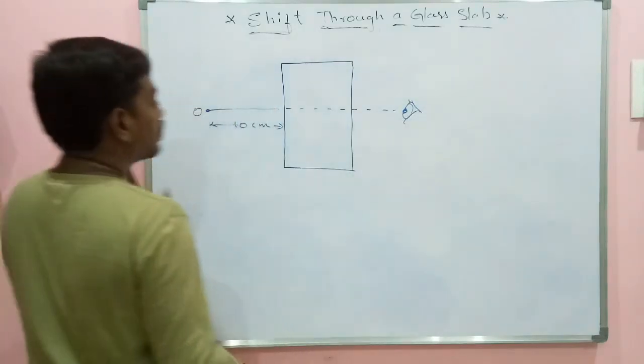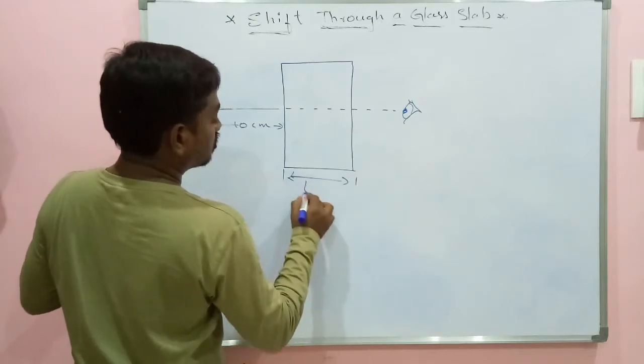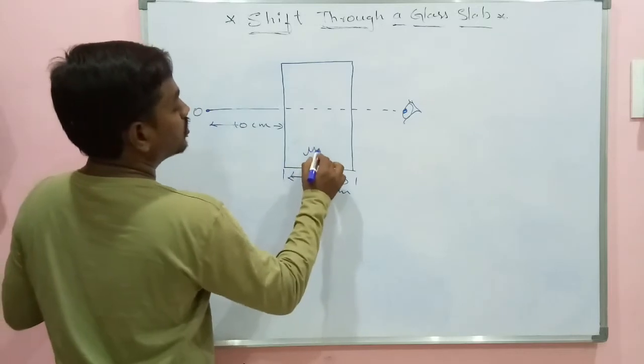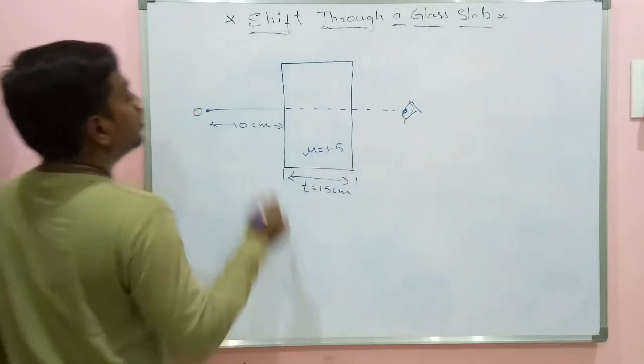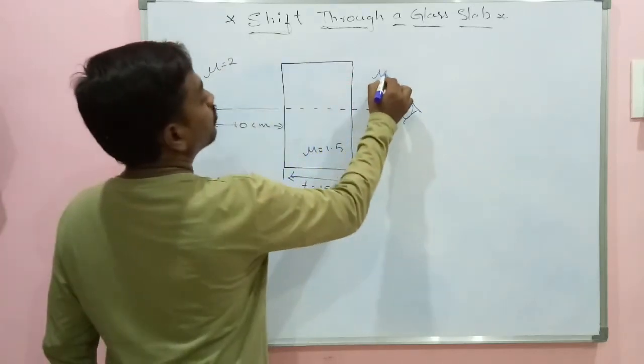This is the position of I. The T is again 15 centimeters, and mu equals 1.5, but here the surrounding mu is 2 and here also mu is 2.